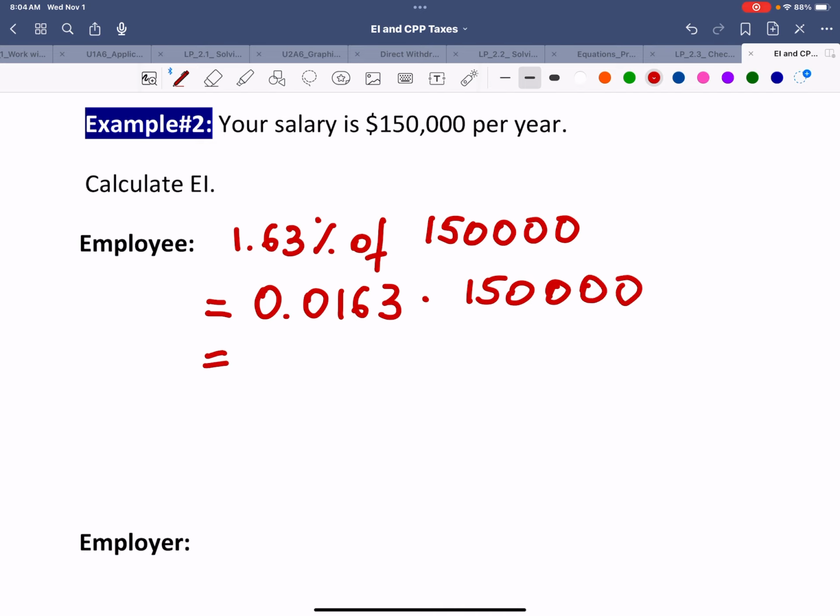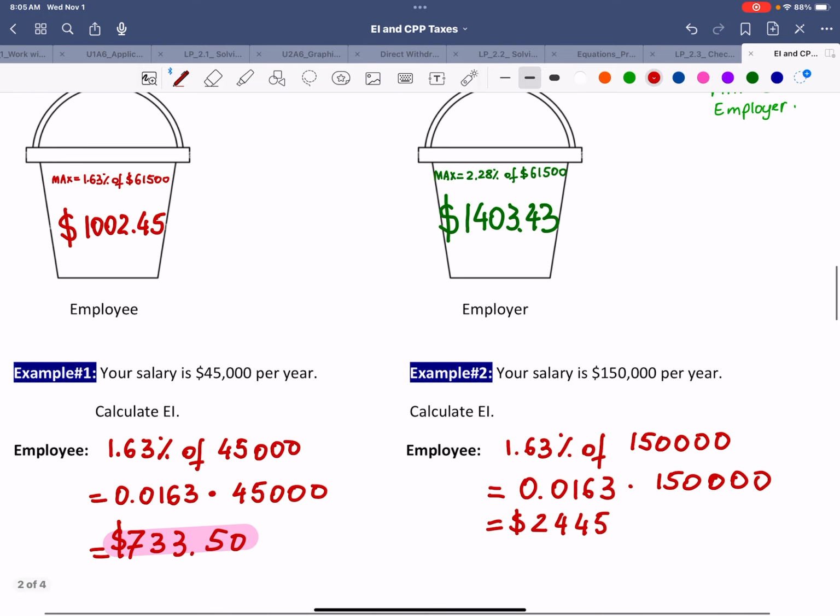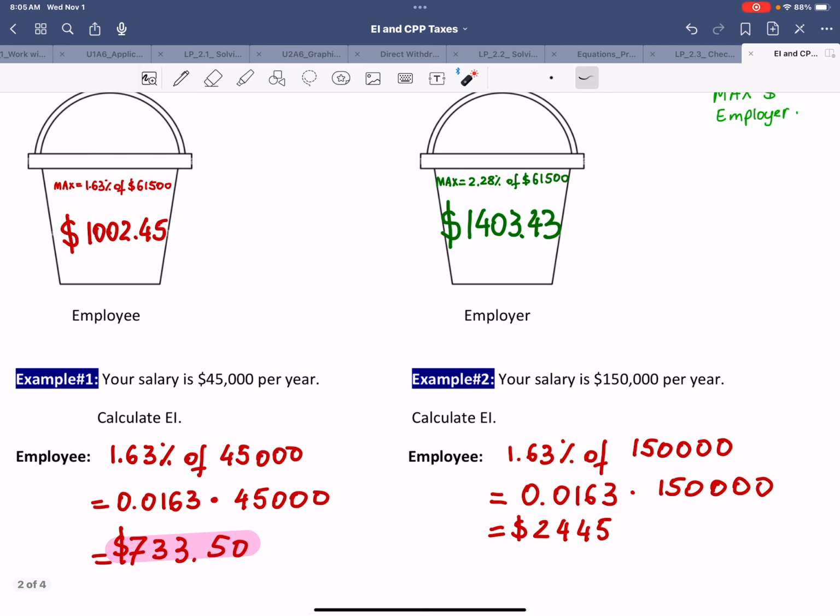Let's multiply 0.0163 times 150K. I get $2,445.